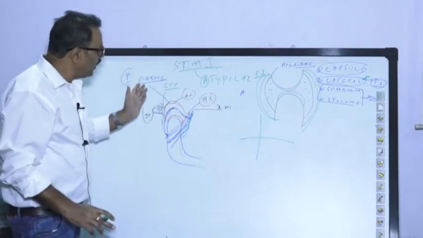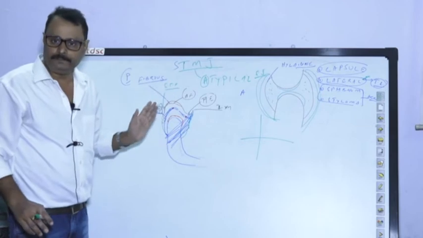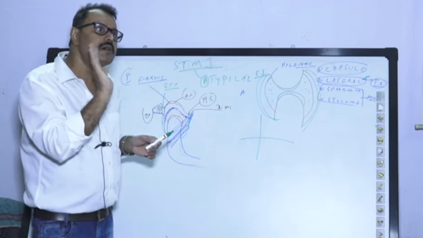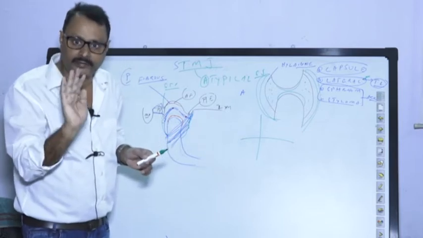And by allowing the gliding movement, what will happen? This will also glide and move forward. It will allow protraction.